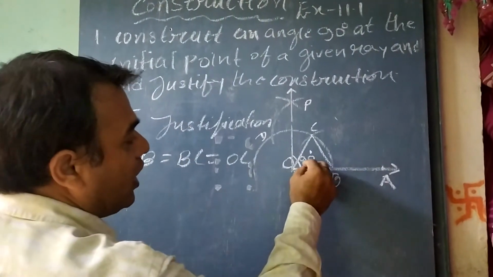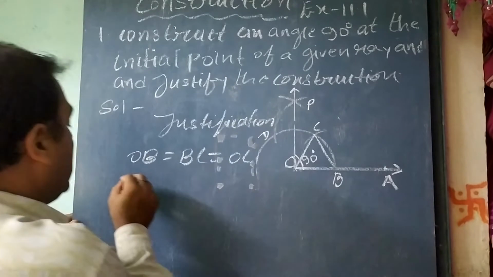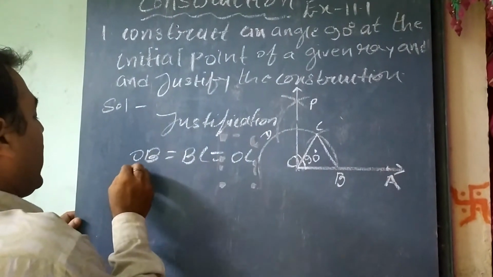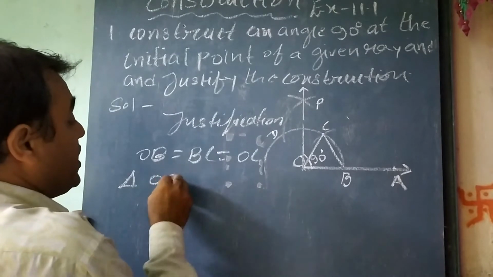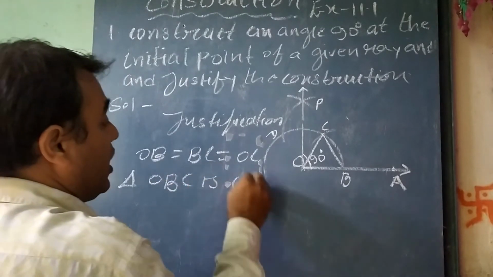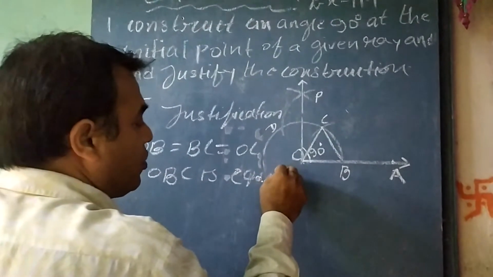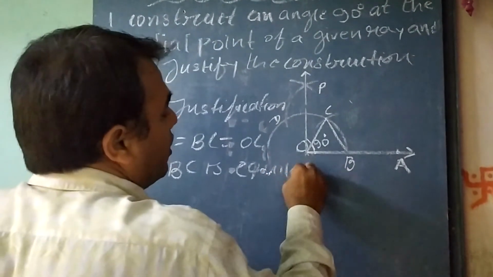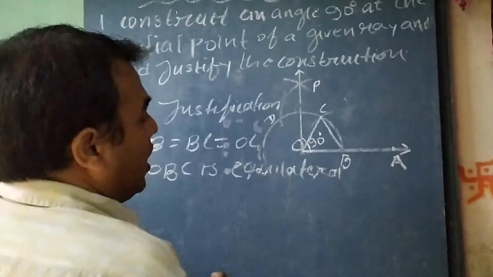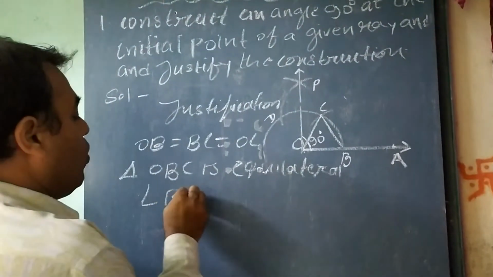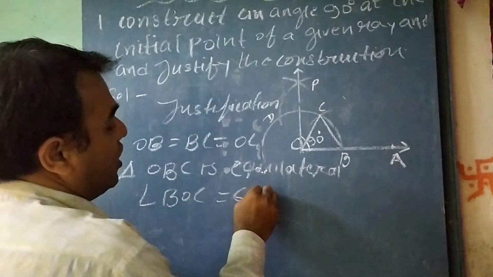Triangle OBC is equilateral. So angle BOC is equal to 60 degrees.